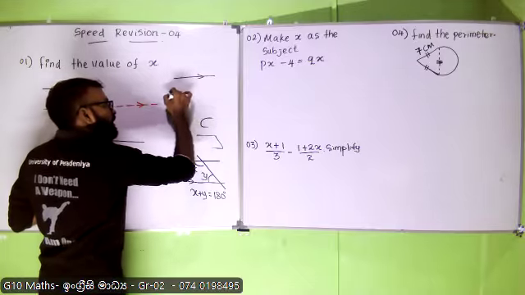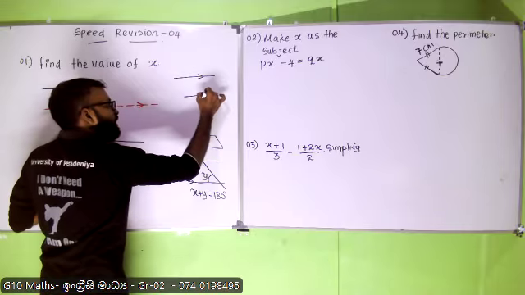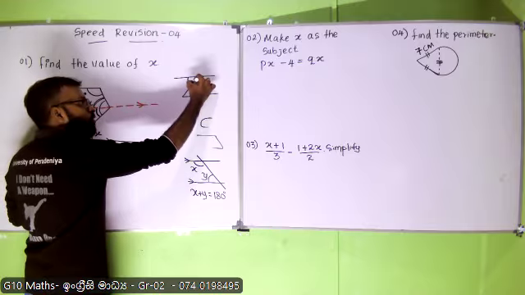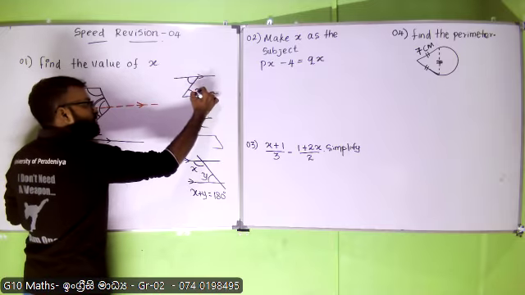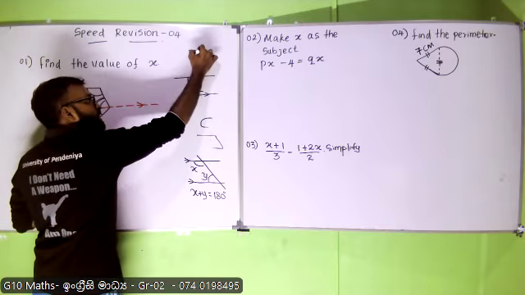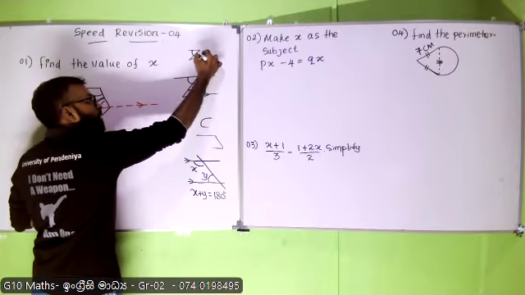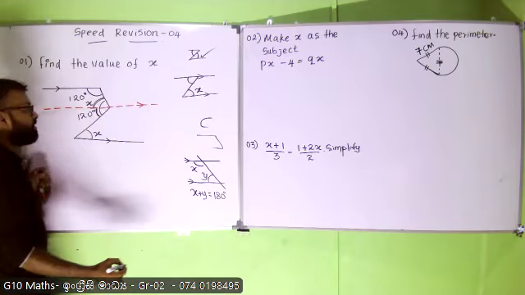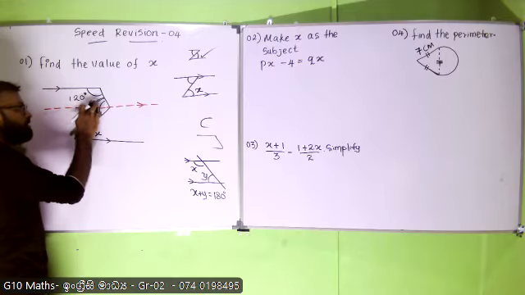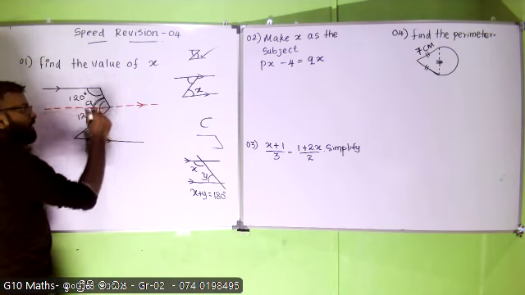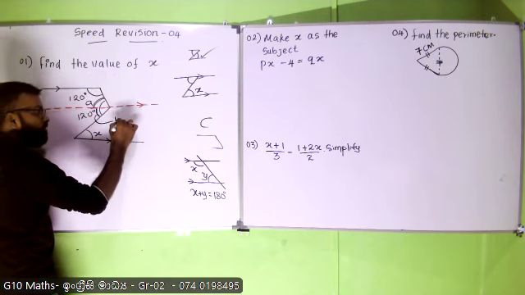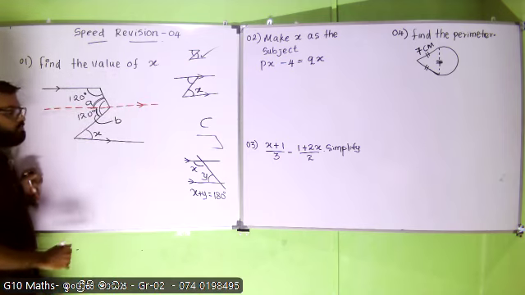This is a parallel line, and this is a parallel line. This small angle has been found by you. No, this is not x. I will take it as a and this as b. This is x. You have to find x.